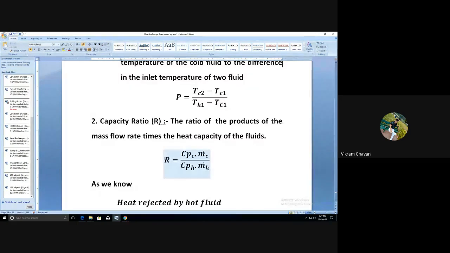So R is equal to Cpc multiplied by m dot C, whole divided by Cph multiplied by m dot H.